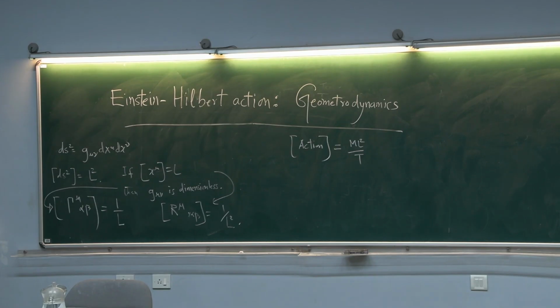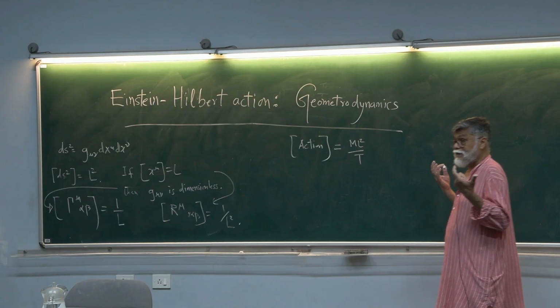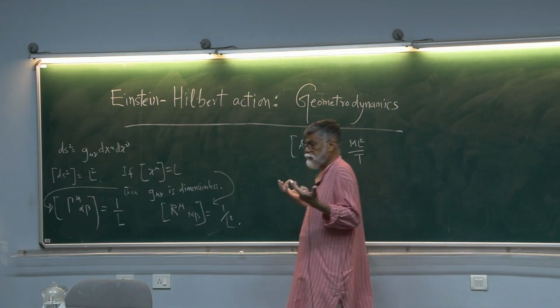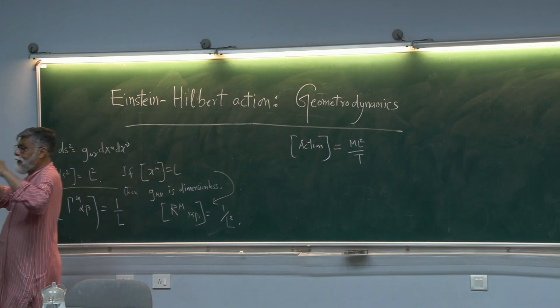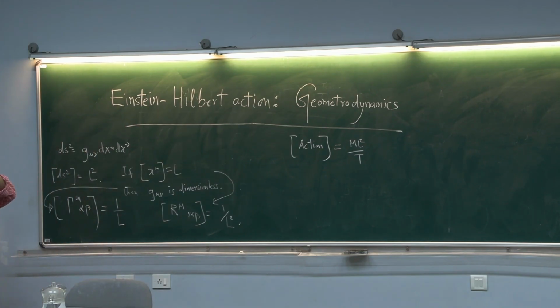So m L by t is momentum, into space, m L square by t. This is the dimension of action. So we want to construct an action using geometrical quantities, and first of all we want to construct the Lagrangian density. So we'll have to integrate over 4-volume into Lagrangian density so that I get m L square by t.